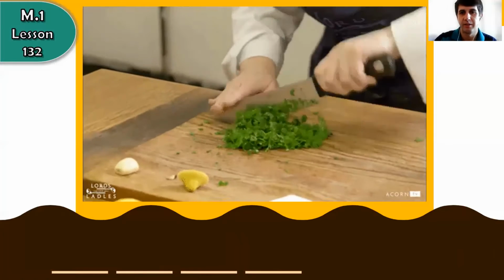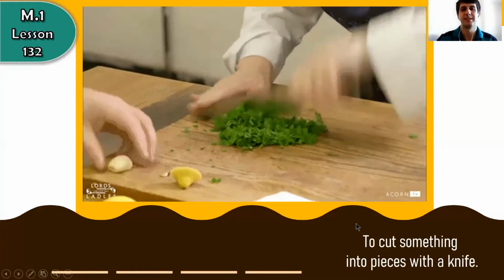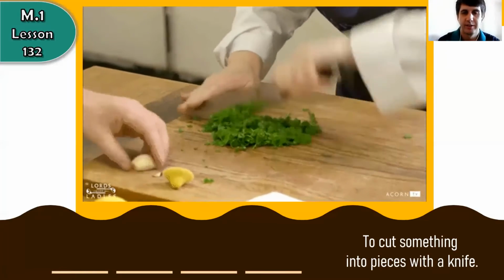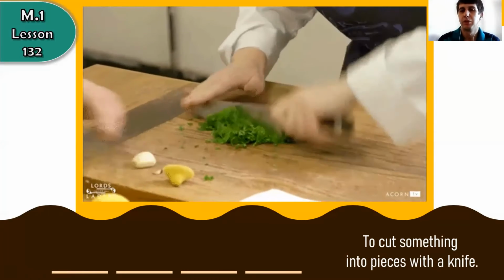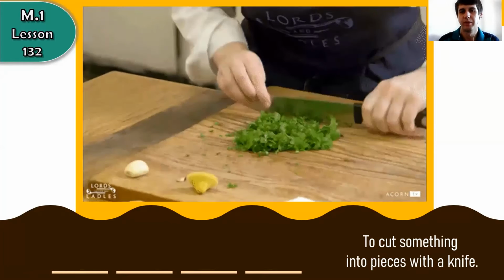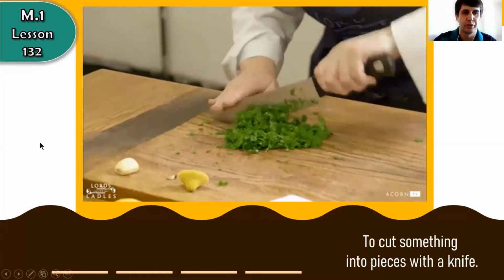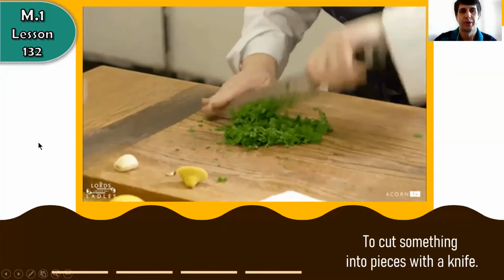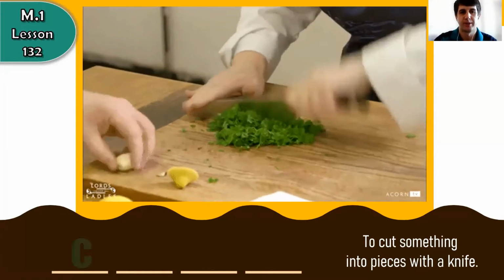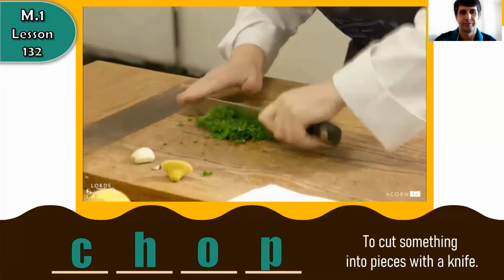And this one, do you remember? To cut something into pieces with a knife. So if we're cooking maybe some vegetables, before we cook them, we need to cut them into pieces. So we use a knife to chop. C-H-O-P. Chop.